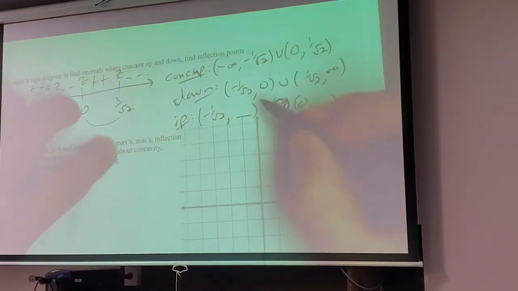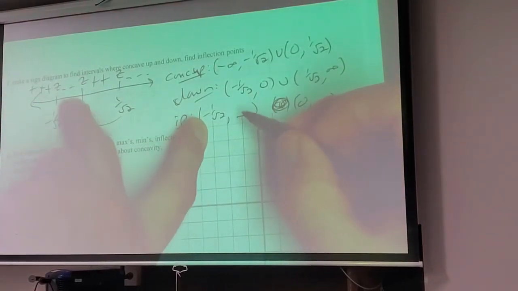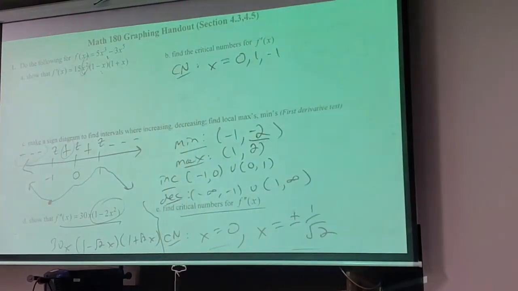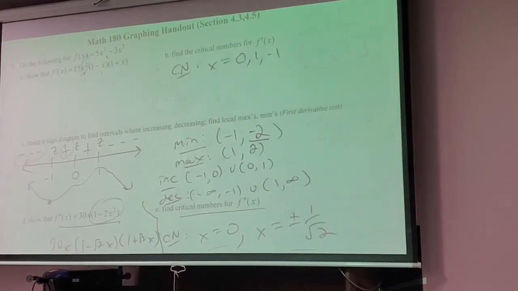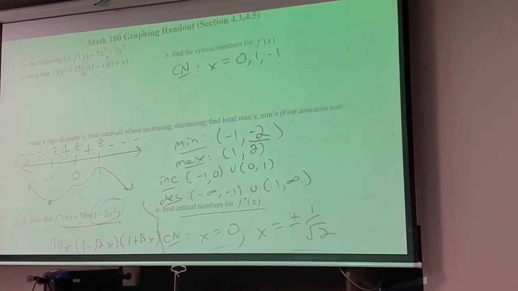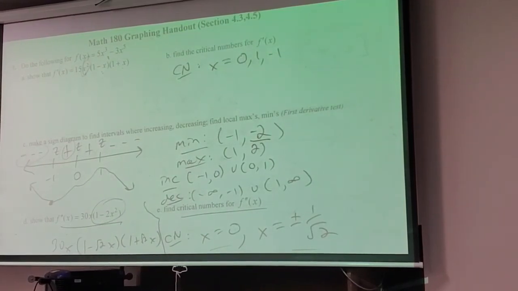So what do you get when you plug negative 1 over rad 2 into this equation? 1.2374. 1.2374? Does that sound good to everybody else? That's the positive one?